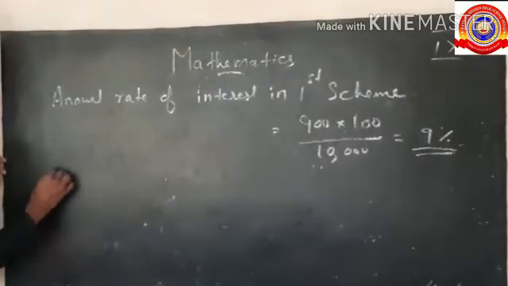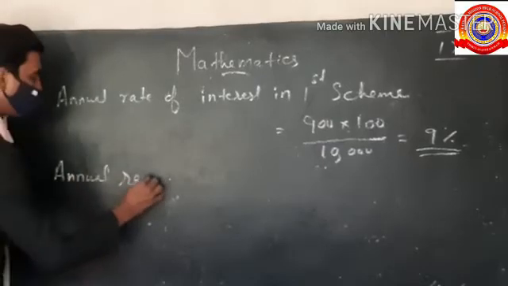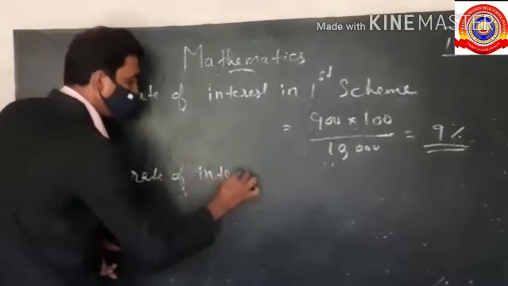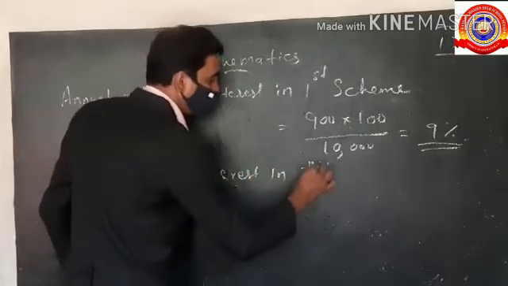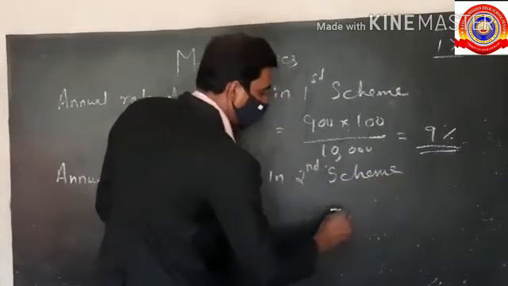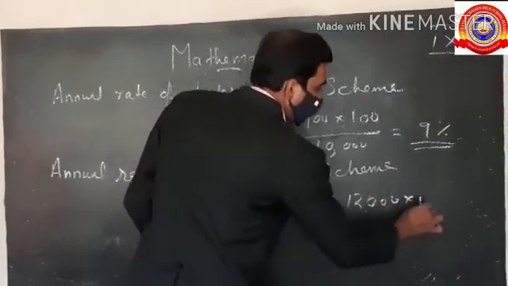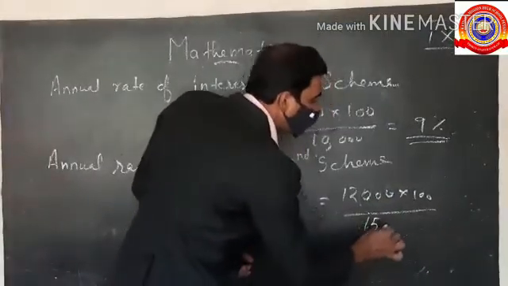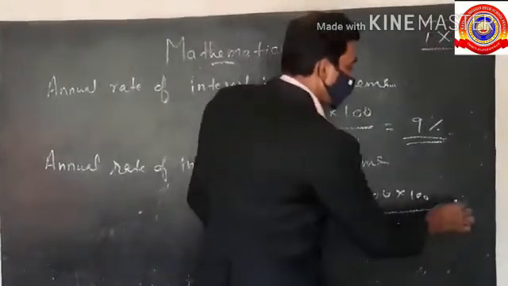Annual rate of interest in second scheme is equal to 1200 into 100 by 15,000, which is equal to 8%.